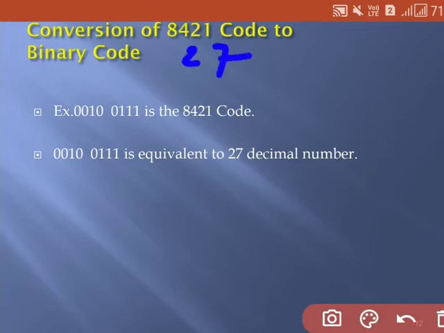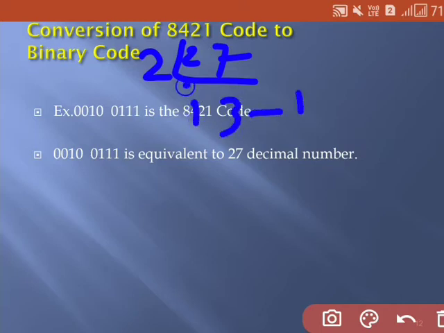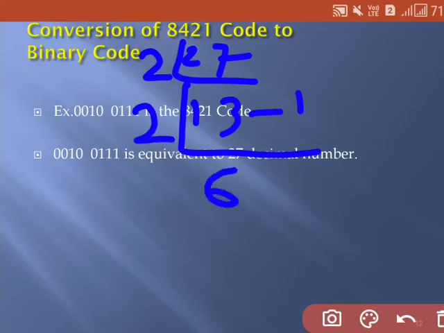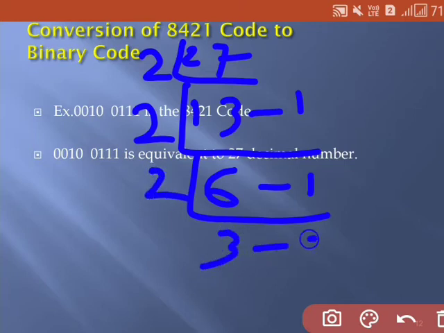27 divided by 2 gives 13, remainder 1. Quotient is 13, and again dividing by 2, 2 6s are 12, remainder is 1, quotient is 6. 2 3s are 6, remainder is 0, and 2 1s are 2, remainder is 1.